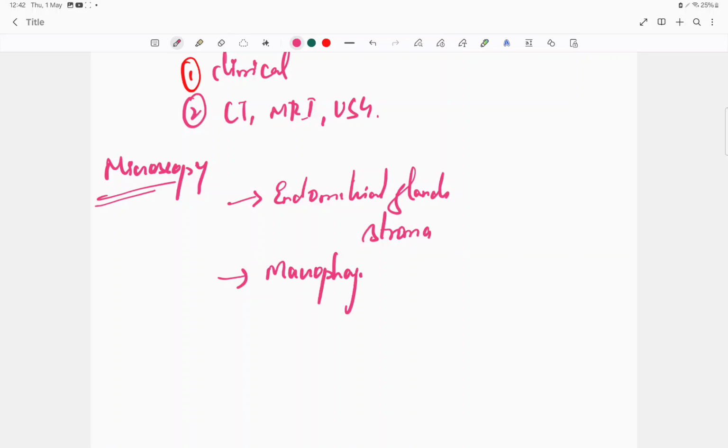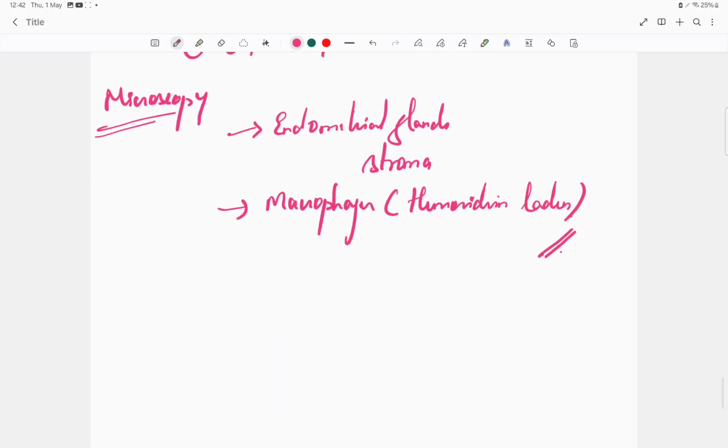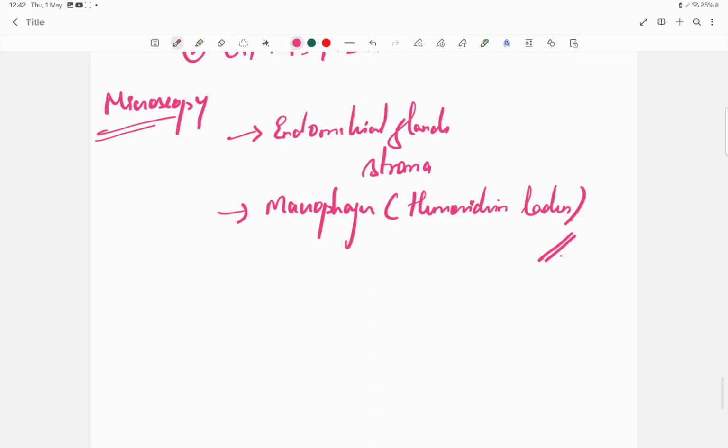I told you inflammation. These macrophages will have hemosiderin, so hemosiderin laden macrophages, very important, can be seen on microscopy. So endometrial glands, stroma and macrophages are the microscopic findings of endometriotic tissue.